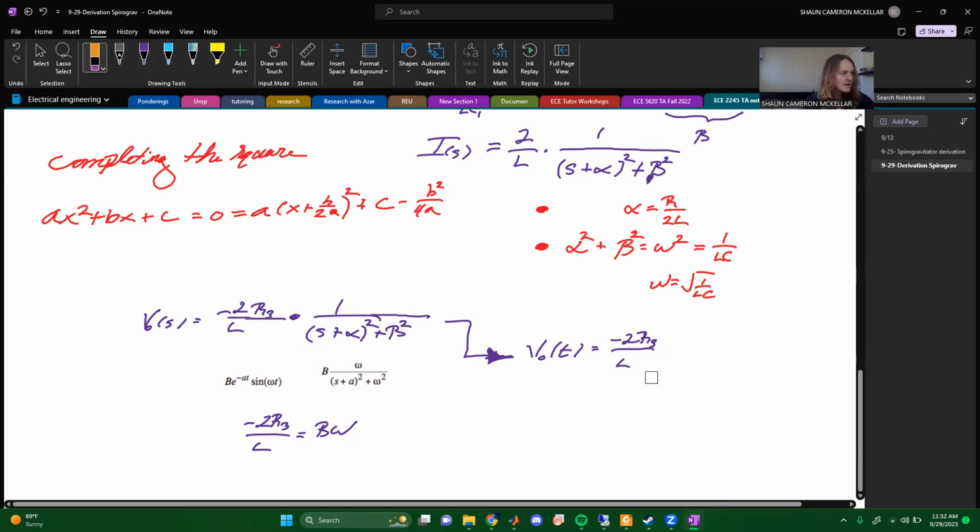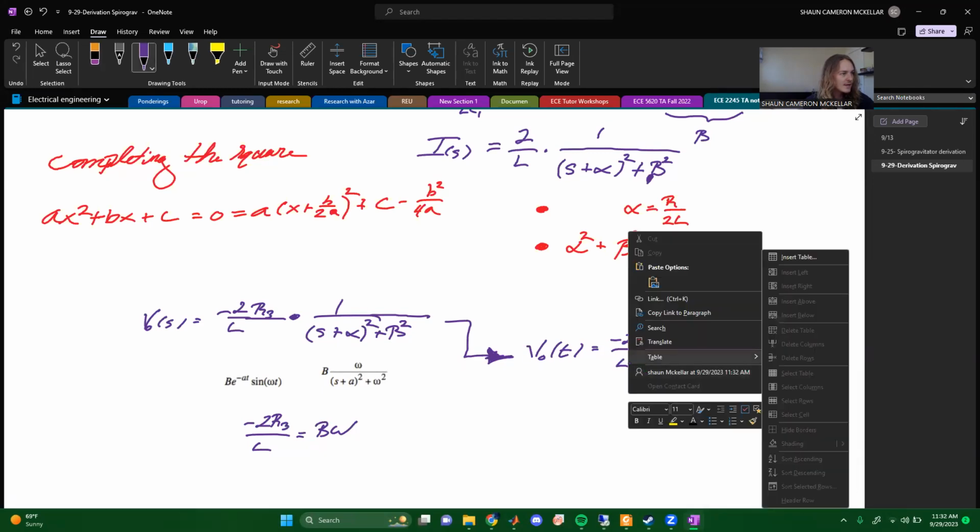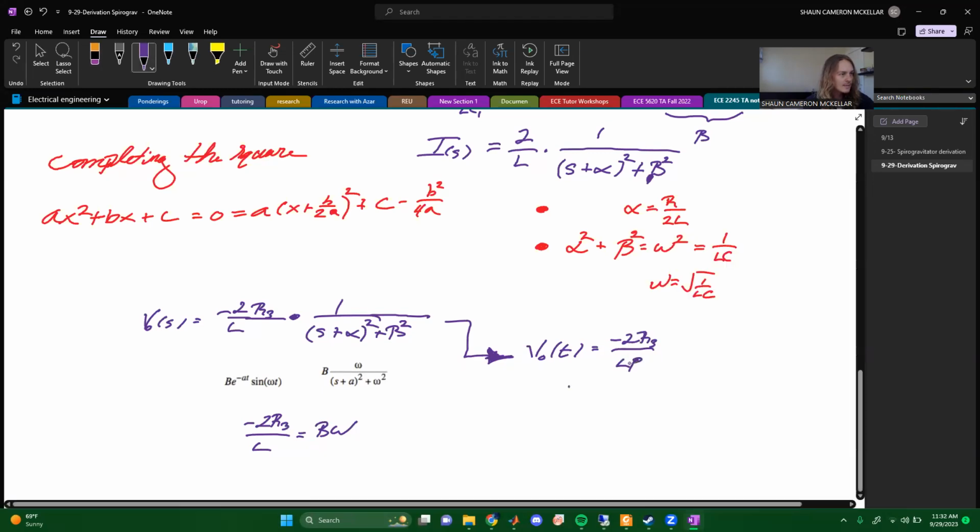Well, in this case, sorry, I hope this isn't confusing. In this case, I've labeled omega as being beta. So that handles this part of the equation. Now I have e to the negative alpha t, because a is alpha in our case.